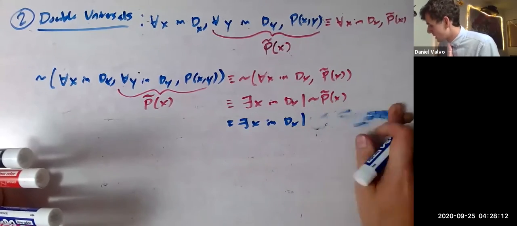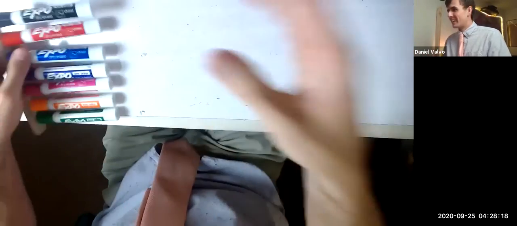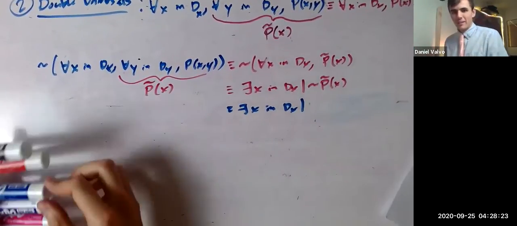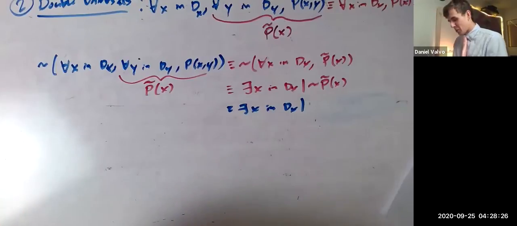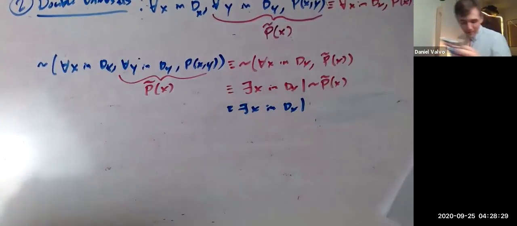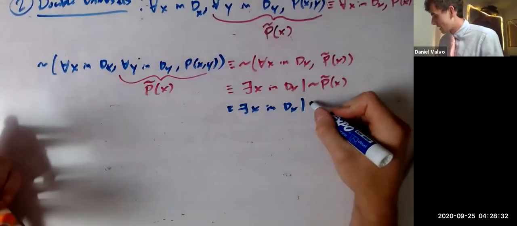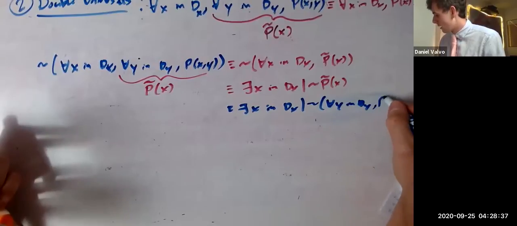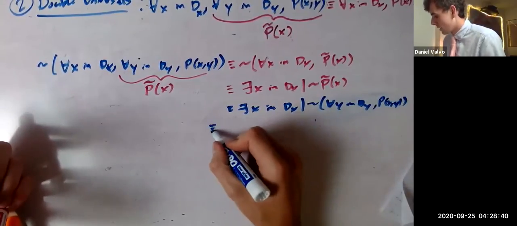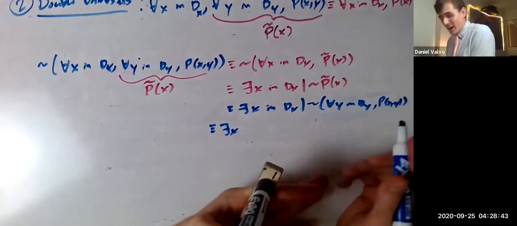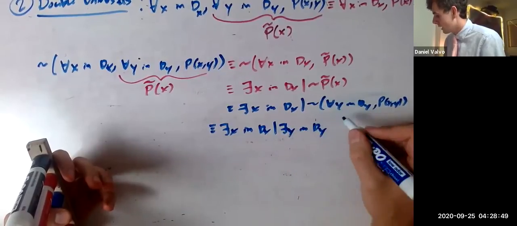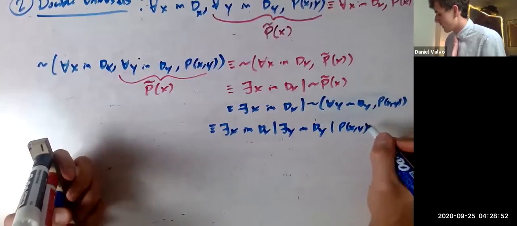I'm sorry, the negation of this. There we go. Anyway, for all x in D_x, you have the negation of for all y in D_y, P of x, y. And the negation of a universal we know how to do: there exists an x in D_x such that there exists a y in D_y such that not P of x, y.